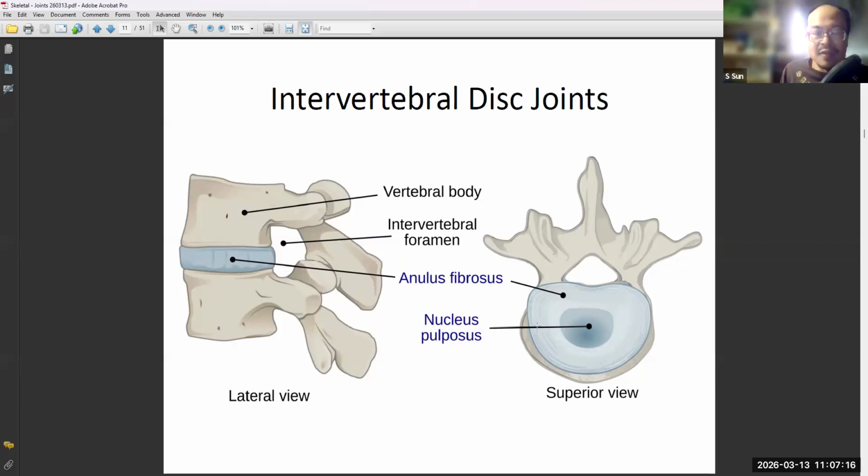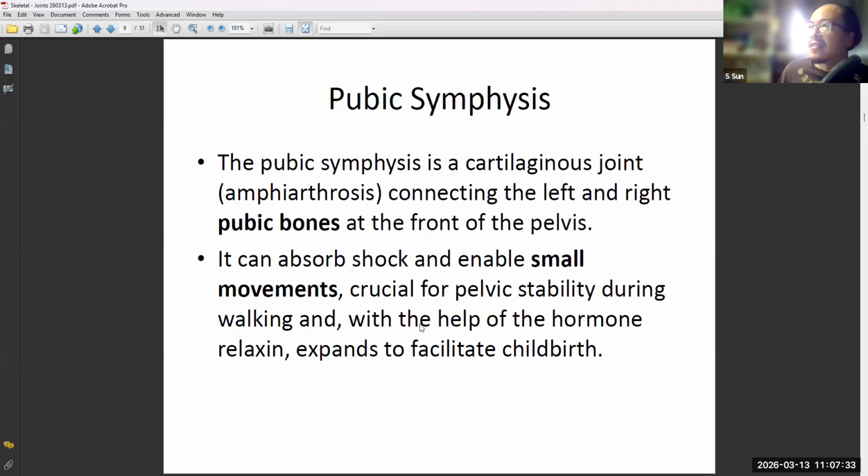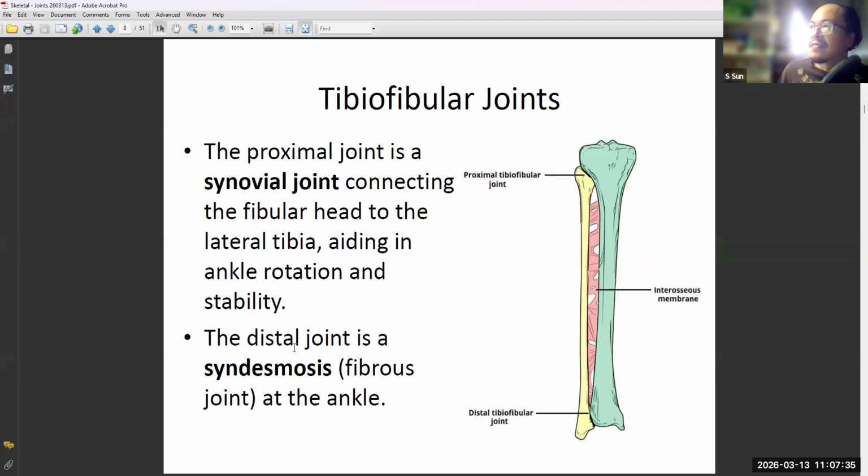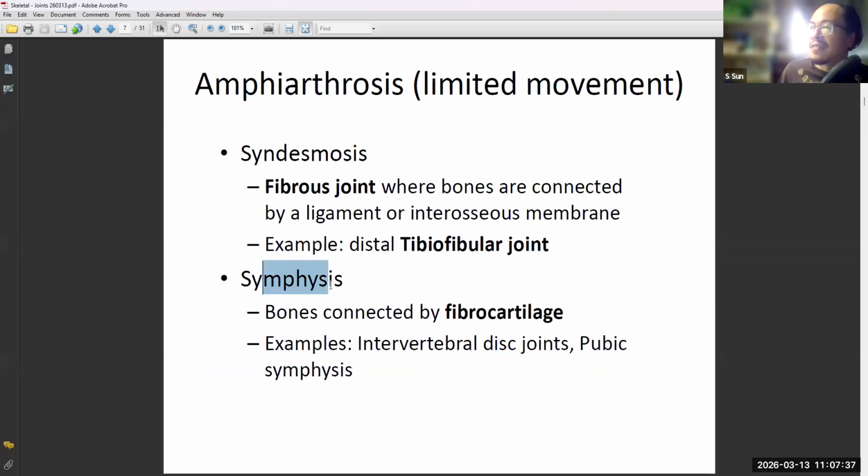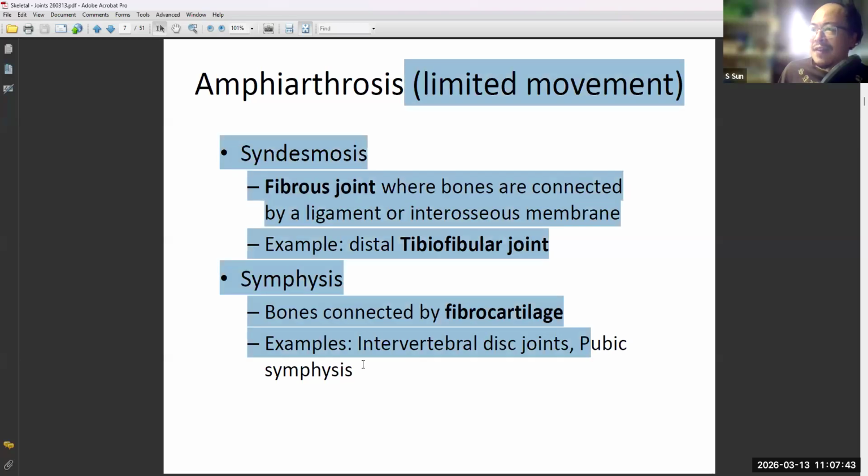So for this amphiarthrosis, you basically have that disc. The classification is amphiarthrosis, but the subtype is symphysis. Right here, symphysis. You can have an intervertebral disc and the pubic symphysis.